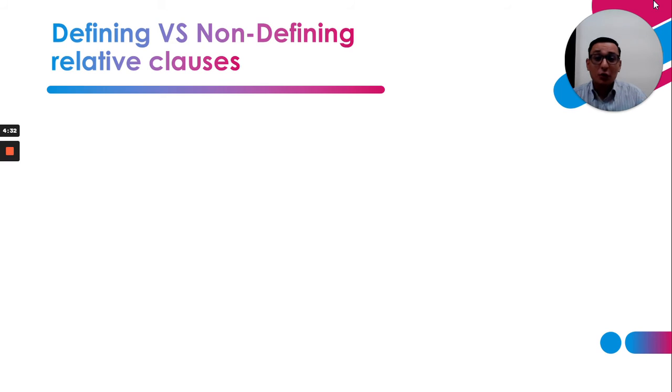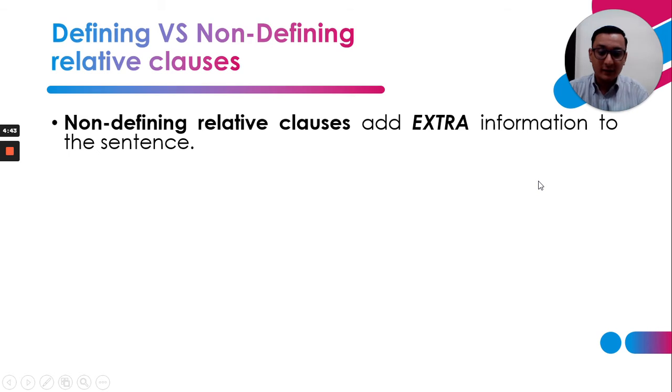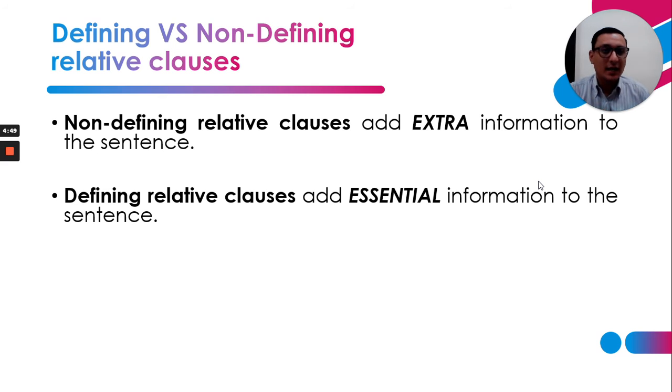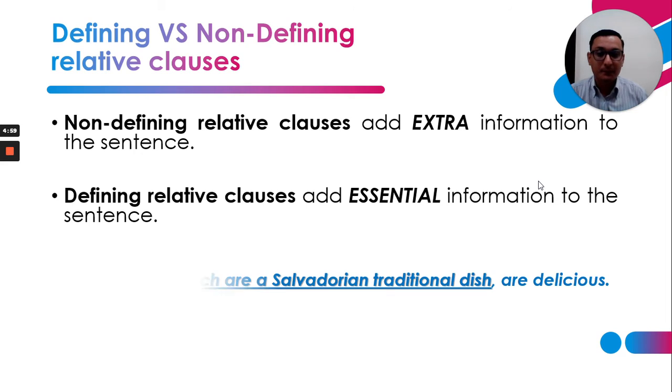Now, we also mentioned that we have defining and non-defining relative clauses. What are these? Very simple. Non-defining relative clauses add extra information to the sentence, meaning when you have this info, you can remove it and the meaning is not affected. And defining relative clauses, on the other hand, give you very important, vital, essential information to the sentence.